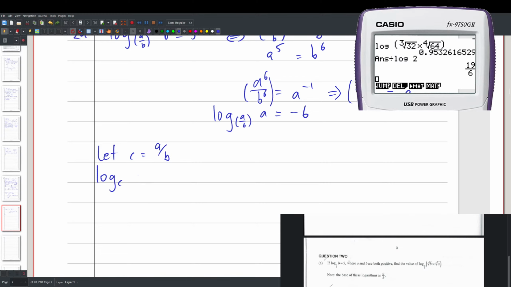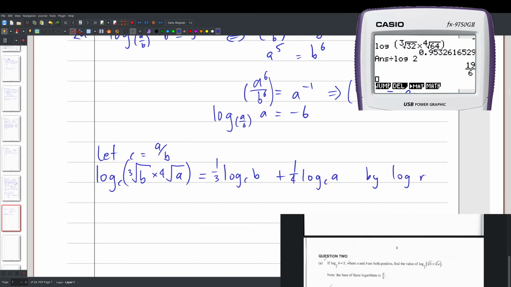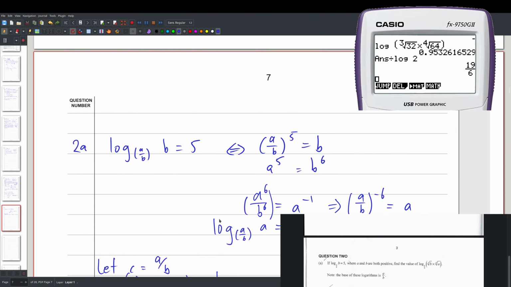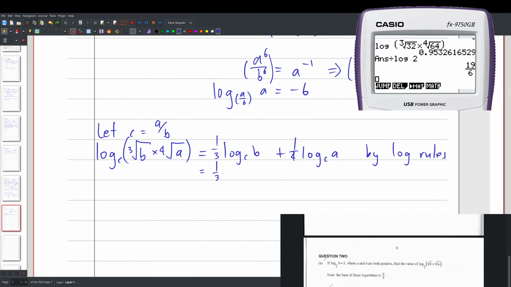Log base c of the third root of b, because I just can't be bothered writing it out, times that equals a third log base c of b plus a quarter log base c of a, by log rules, which is a third. Well, log base c of b is 5, is given, plus a quarter of negative 6. That seems wrong.